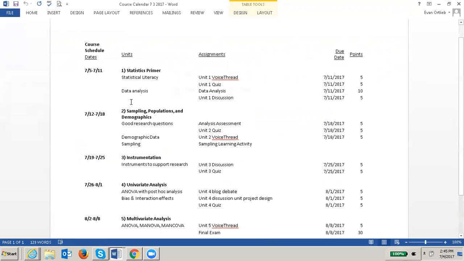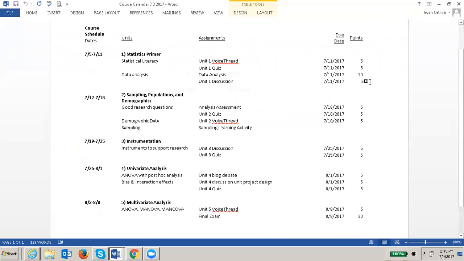So you'll see that that data analysis activity is very important, and as a result, I've weighted it more so than any of the quizzes or activities other than the final examination, because unless we have a solid foundation on which to build in terms of selecting the appropriate technique to analyze data sets, then we're really going to be spinning our wheels.